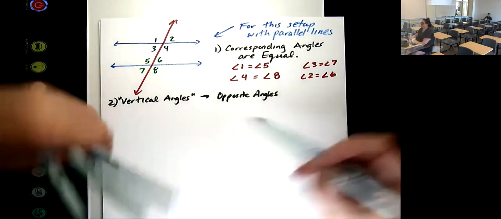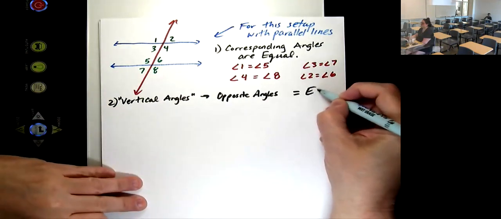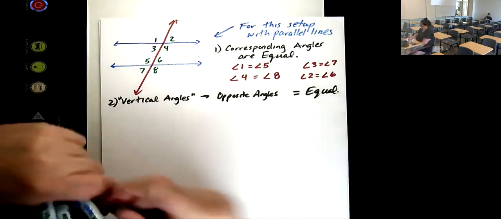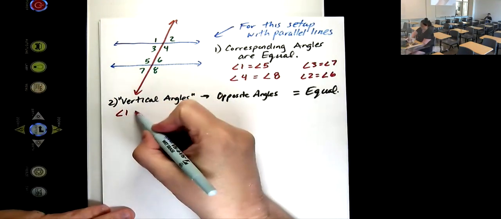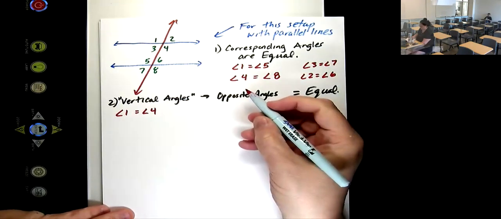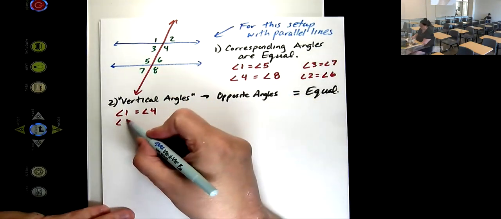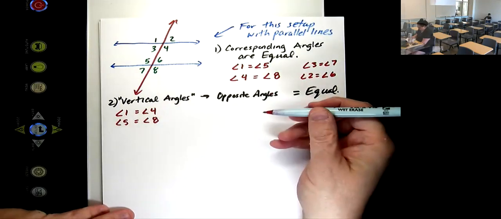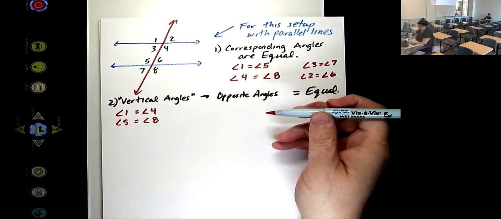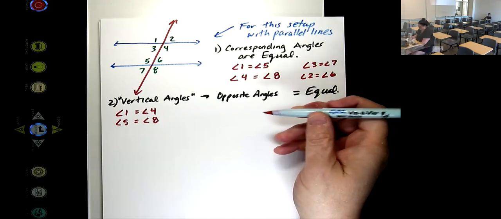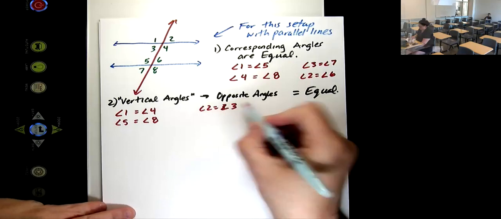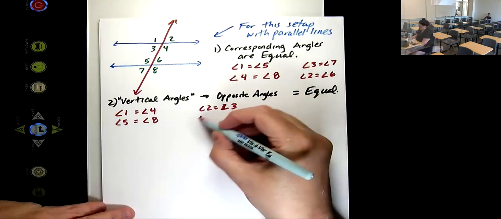So they are equal. So 1 and 4 are vertical angles. Angle 1 equals angle 4. Angle 5 equals angle 8. 2 and 3 go together, and 6 and 7 go together.